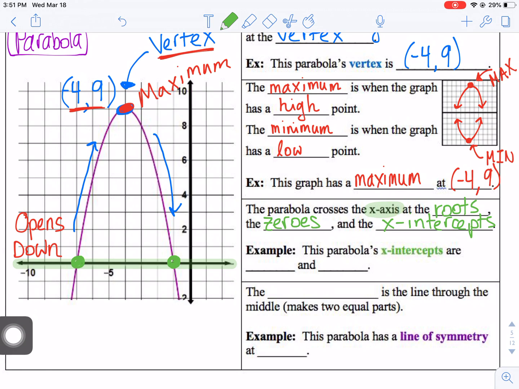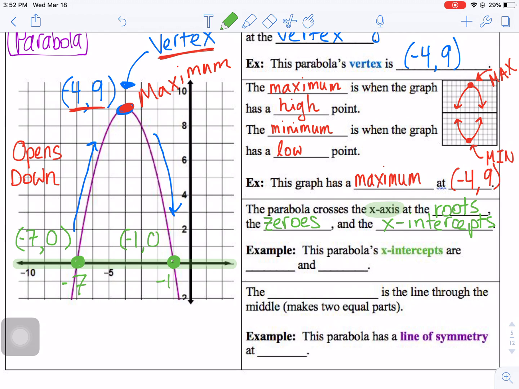Just like the vertex, we need to write down the coordinates for those points. The left point is at -7, 0, and the right one is at -1, 0.